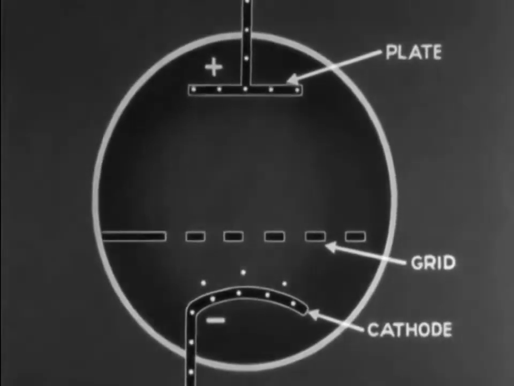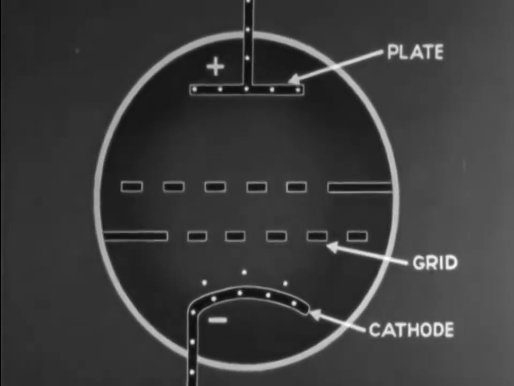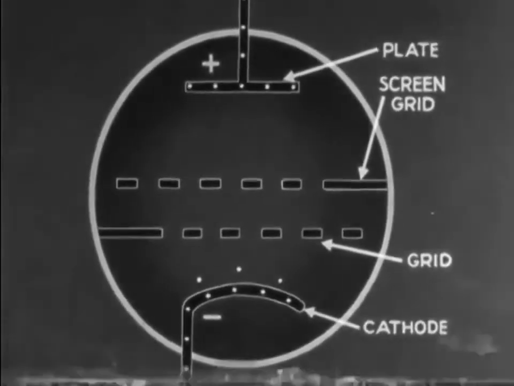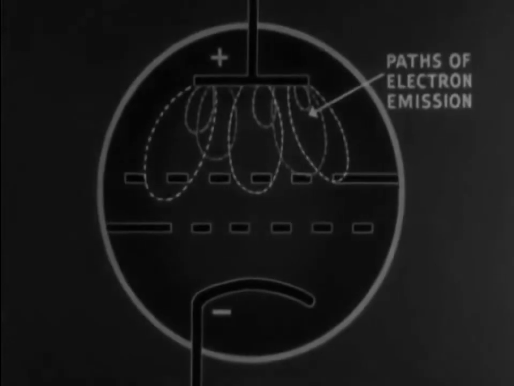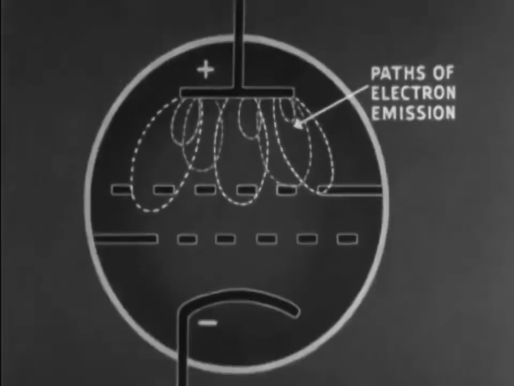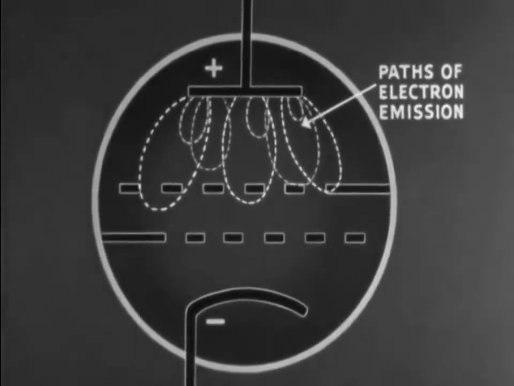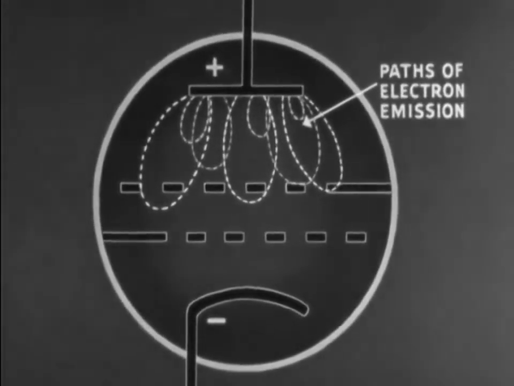This is known as secondary emission. The introduction of the screen grid adds another positive element in the tube, which may attract electrons. Paths of electrons of secondary emission cut across the screen grid. These electrons coming from the plate cause an undesirable plate-to-screen current.